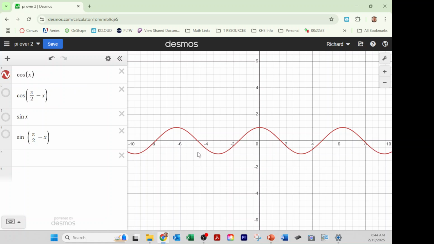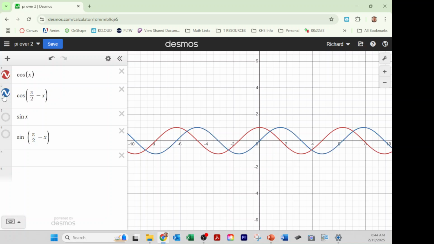This red is cosine, and cosine at 0 is 1, because if you remember on your unit circle, cosine is the x value. And if I took that cosine and shifted it to the right pi over 2, it would look like that.